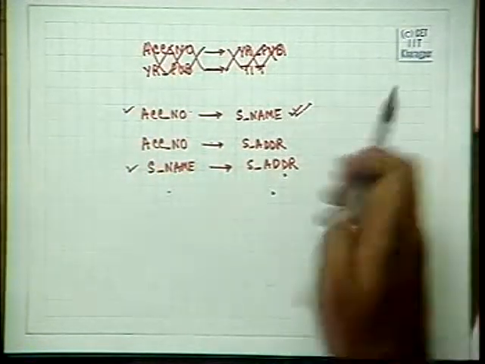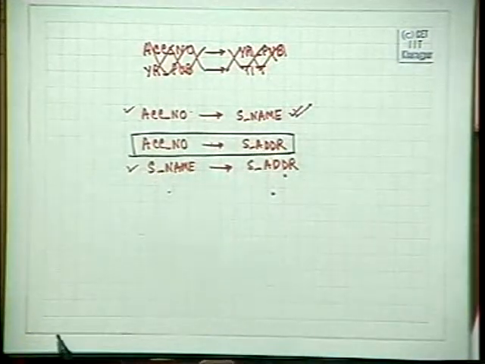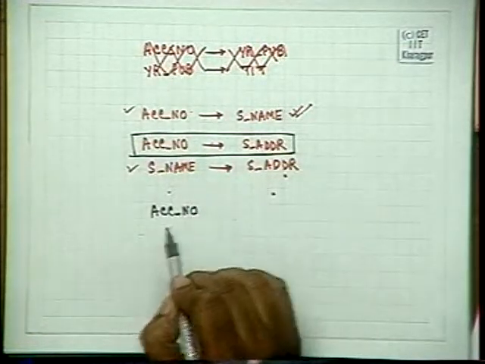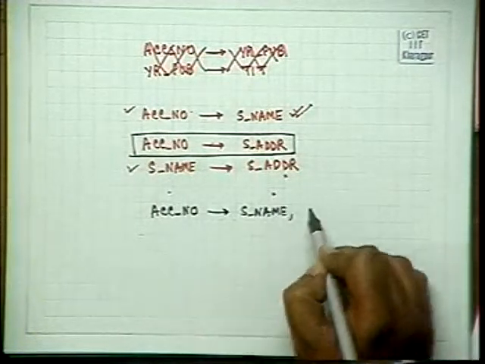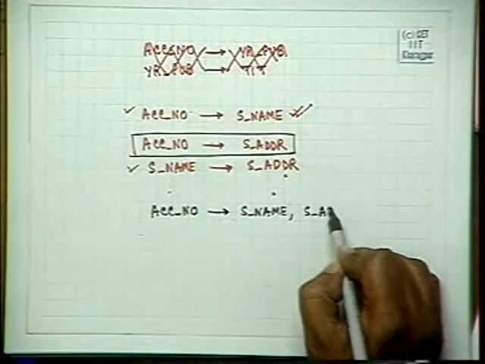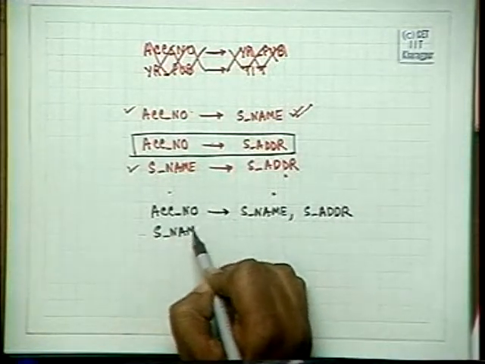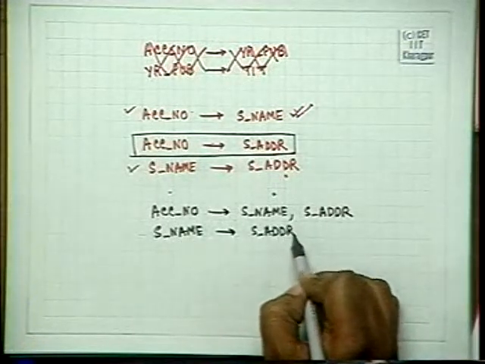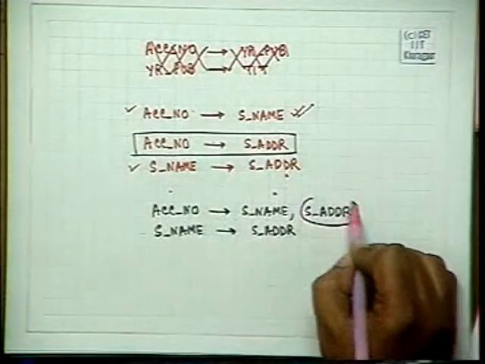Therefore, if this and this are there, then this is redundant. Therefore, accession number, supplier name and supplier address, and supplier name with supplier address, in this particular case this one is redundant.